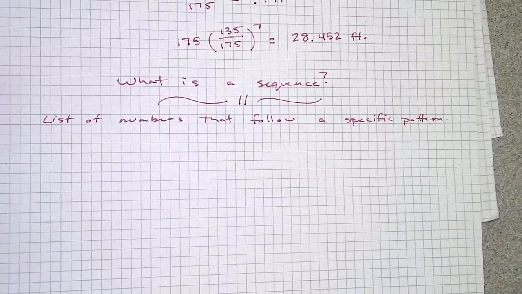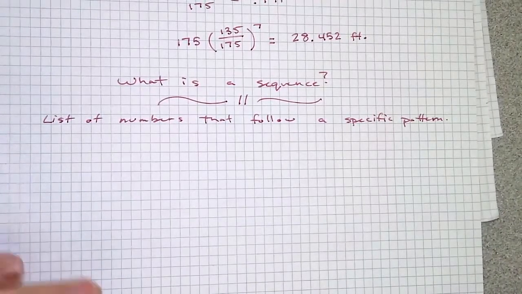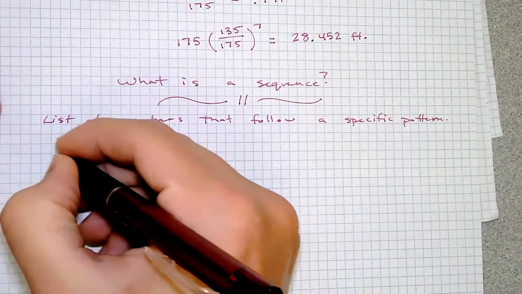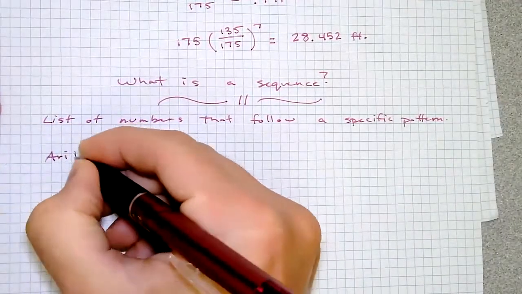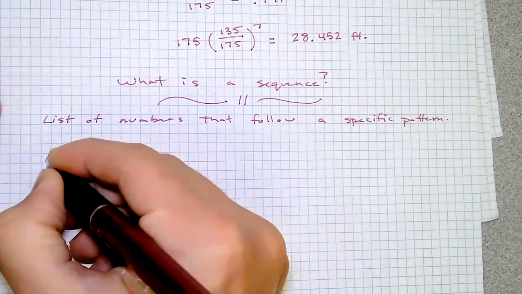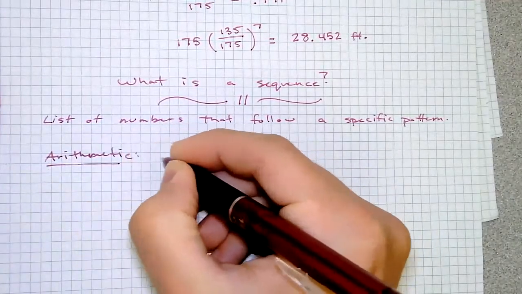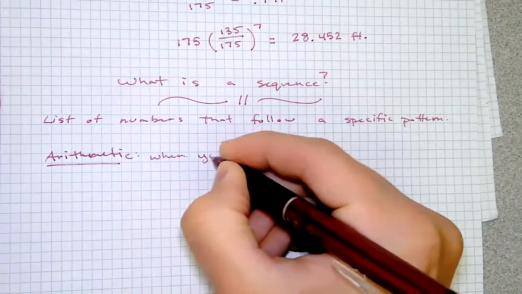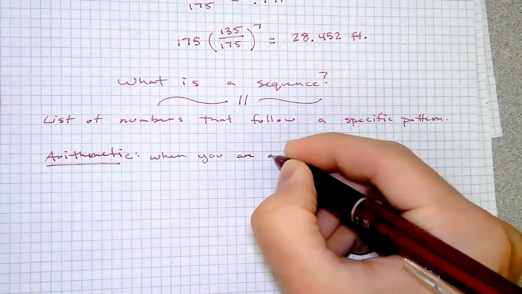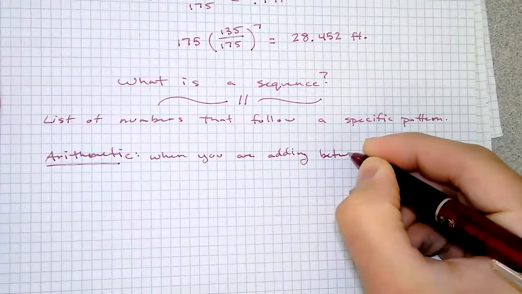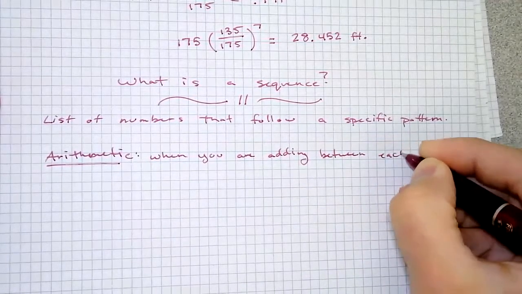So we really have 3 options. We're mostly going to be dealing with 2 of them. The first one is what we call arithmetic. That is when you are adding between each term.